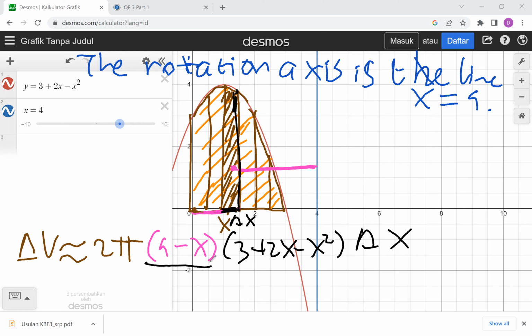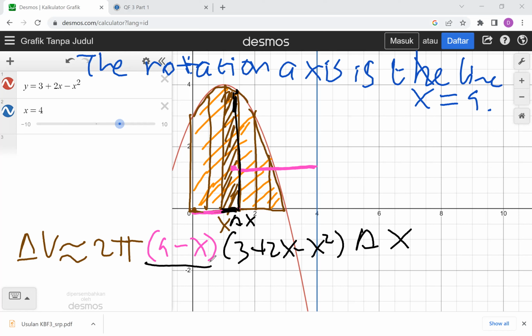Actually, if you replace this by x, that will be the volume of solids obtained if you revolve the region about the y-axis. But if the rotation axis is the line x equals 4, then the distance is 4 minus x. That's why you have 4 minus x.